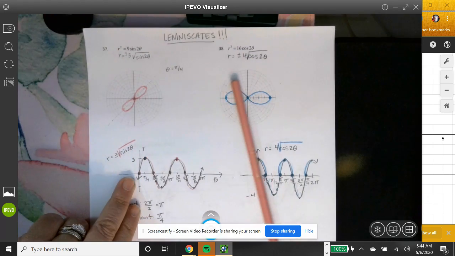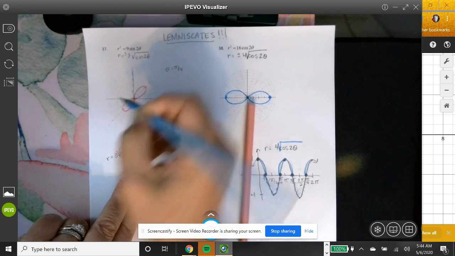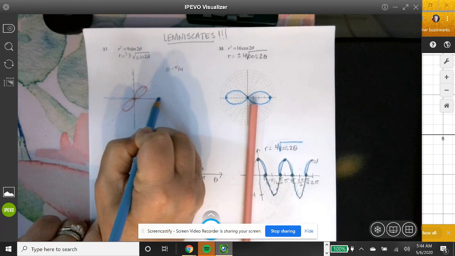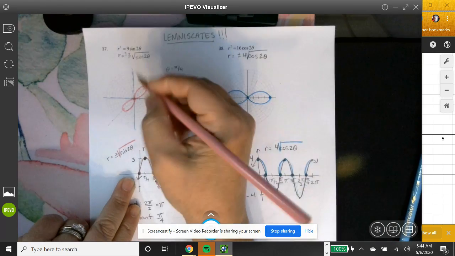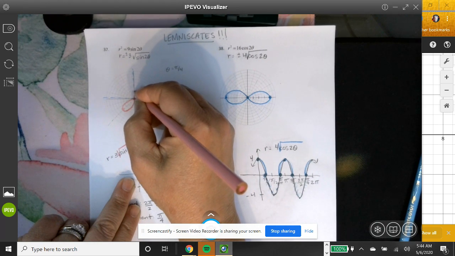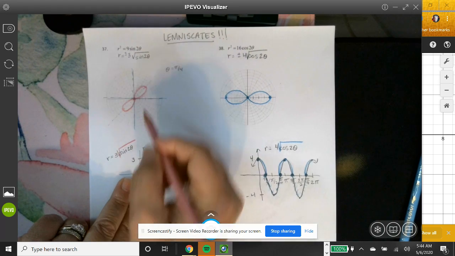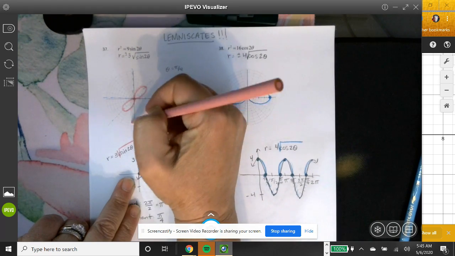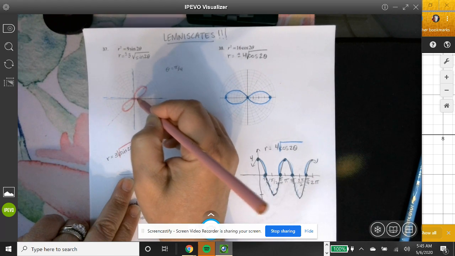So the lines here are here. Now I just have this line here drawn because that's my symmetry. And mine should be even probably bowed out a little bit more because the 0 and the pi over 2 angles are my ones that I'm approaching as r gets back to the pole.